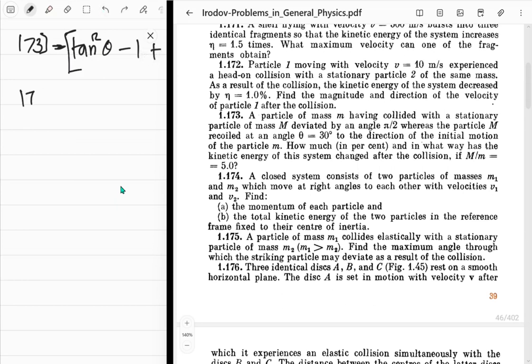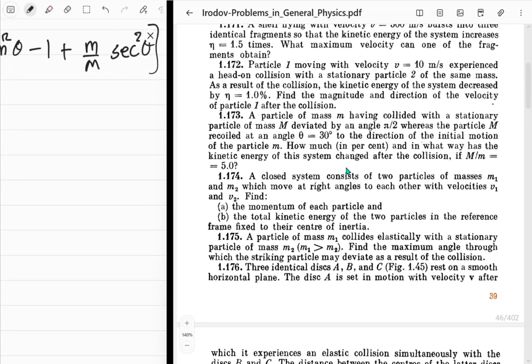174. Oh, okay. So in what way did it change? It really wanted to say, did it decrease or increase? Well, of course, it can only decrease. It can never increase because of these kinds of collisions. How would it increase? I don't get that. But that's how it is.